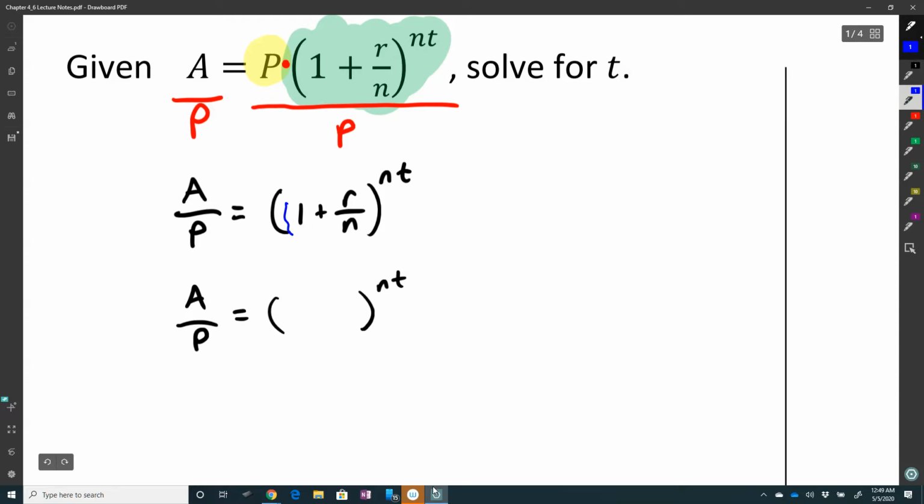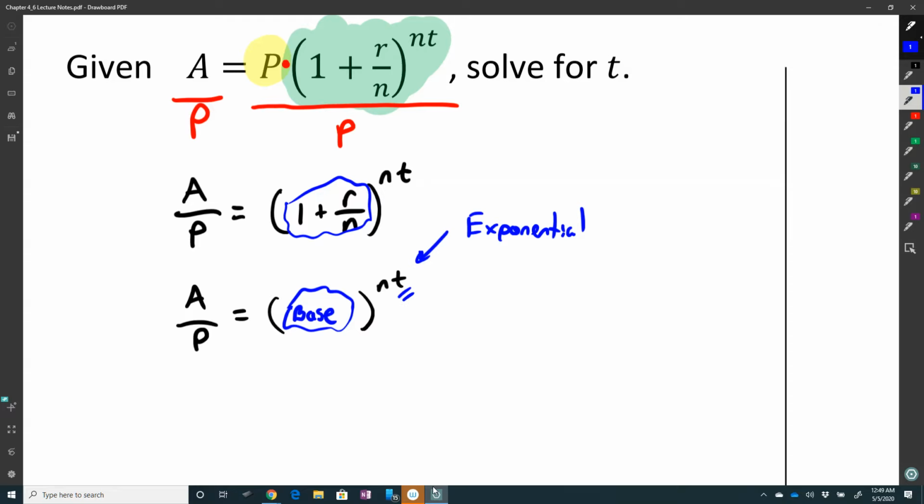This number is just your base. And you have an exponential equation. And you're solving for t.